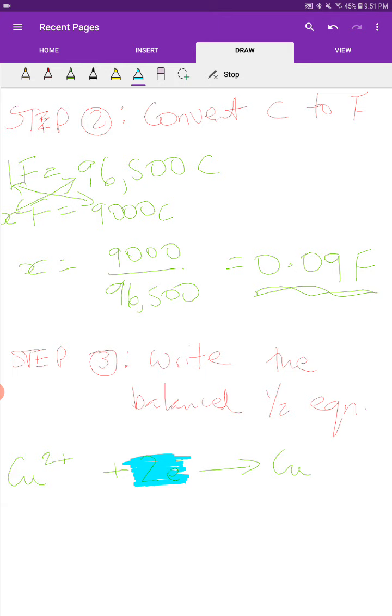So right now, you have 1 mole of copper ions reacting with 2 moles of electrons to form 1 mole of copper. That means, based on Faraday's second law, we have 2 Faradays, and those 2 Faradays are giving us 1 mole of copper.